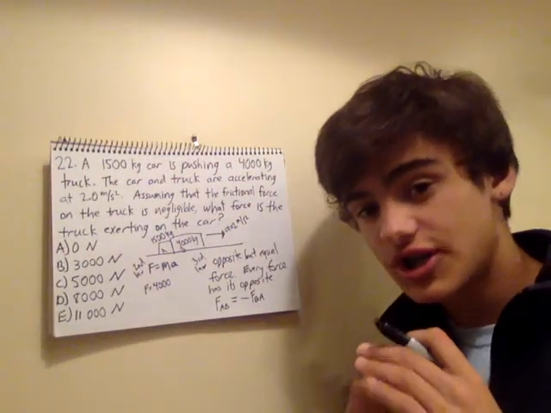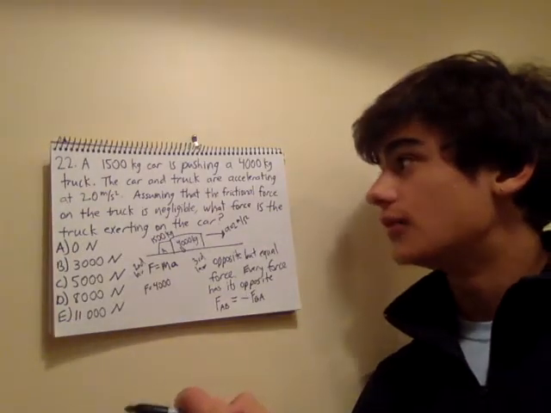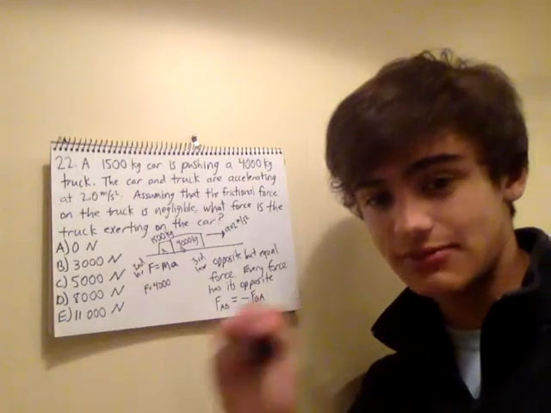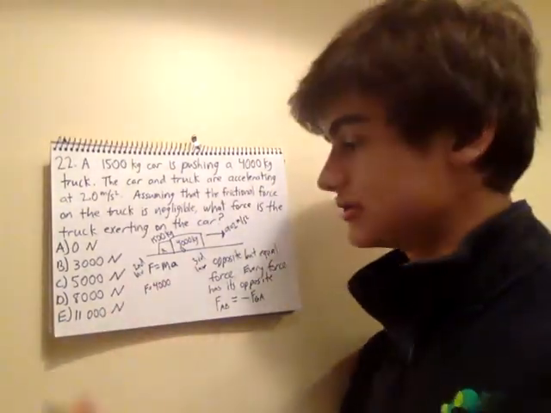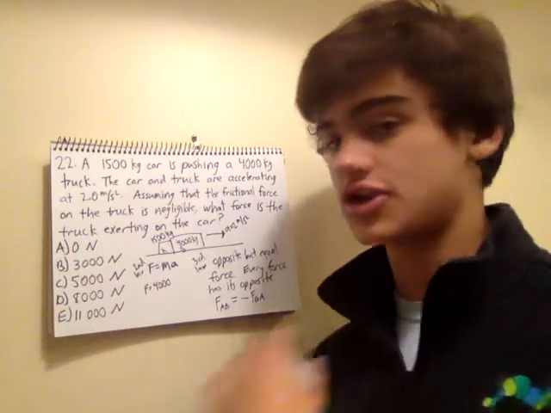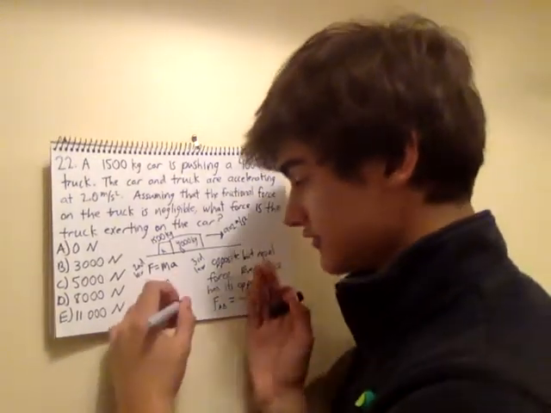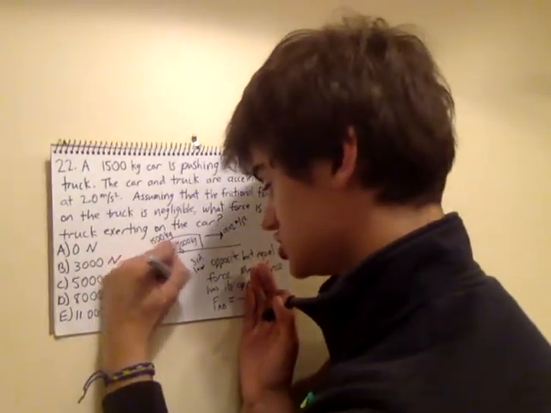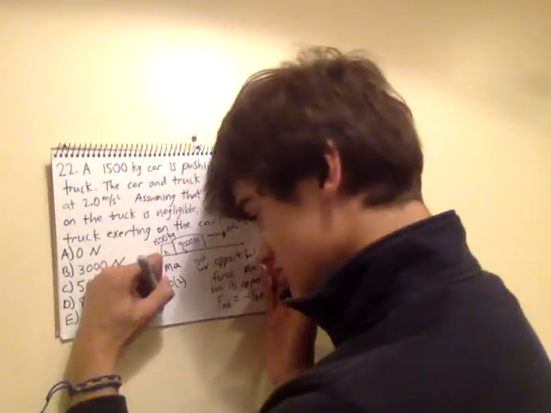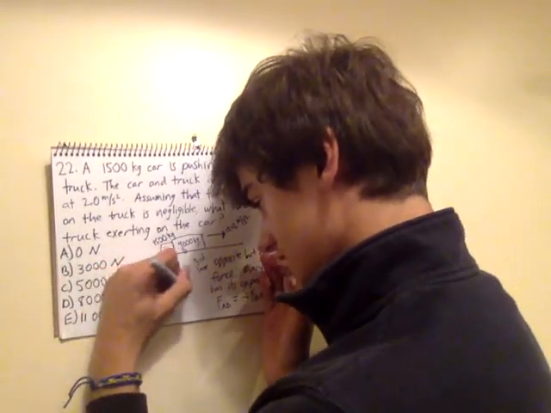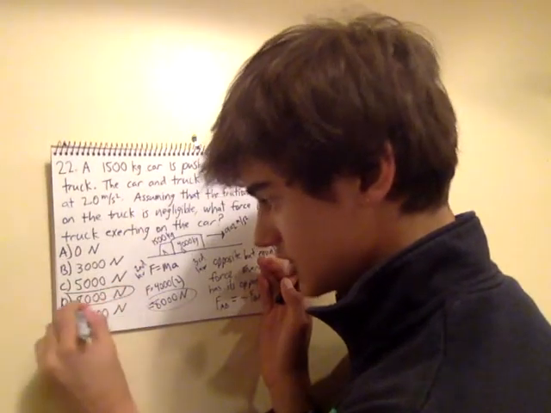The car is exerting that amount of force, mass times acceleration, on the truck, so the truck is exerting the same on the car. The same, obviously, but in the negative direction. But since all these answers are positive, we're not going to have to worry about negatives or positives. It's all the same sign. So 4,000 times our acceleration 2 is equal to 8,000 newtons. And that's right here. Our answer is D.